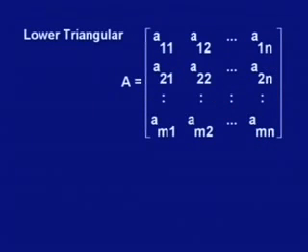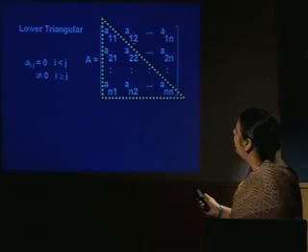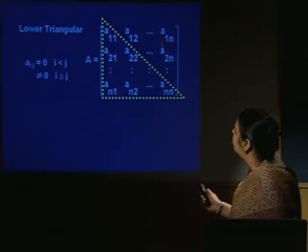Similarly, one can define a lower triangular matrix. If in the square matrix A the non-zero elements appear in this triangular box only and outside of this all the elements are 0, then that matrix is called a lower triangular matrix. By this I mean to say that Aij is 0 whenever i is less than j. You can notice that these are the elements which have to be 0; for them i is less than j, 1 is less than 2, 1 is less than n.